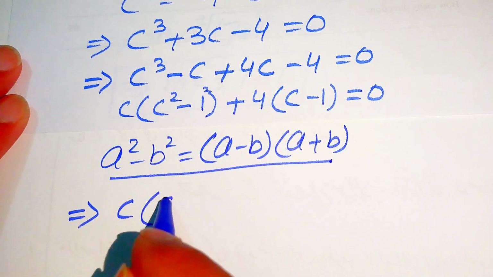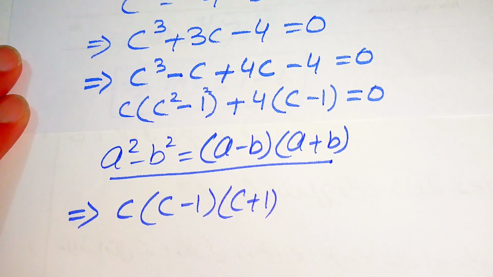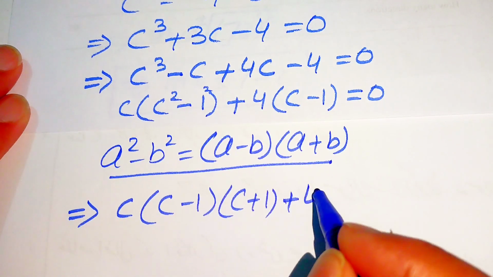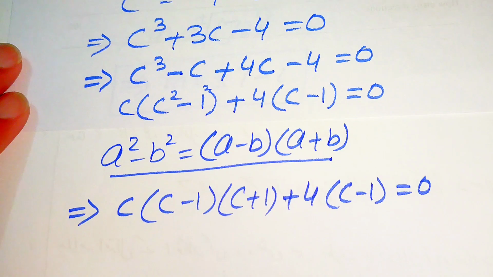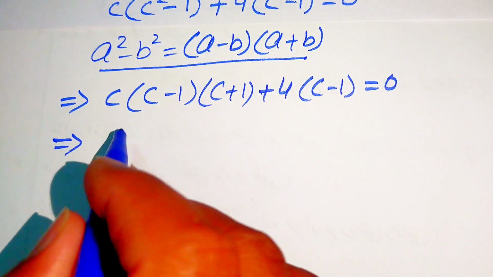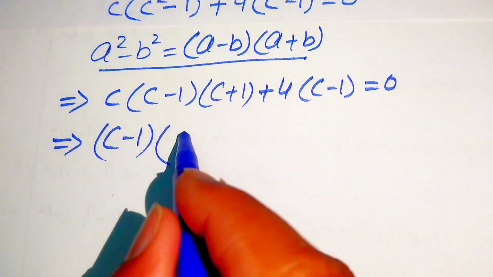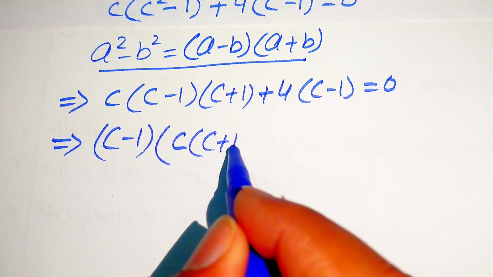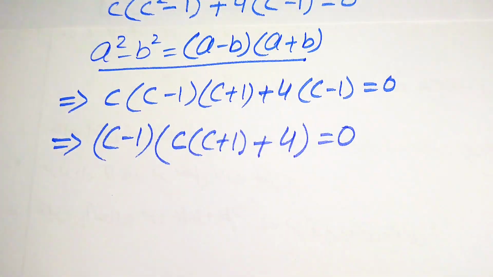This is c into c minus 1 into c plus 1, and we have plus 4 times c minus 1 equals 0. And now in the next step, we need to take common c minus 1, and the remaining terms are c into c plus 1, and here we get plus 4 equals 0.